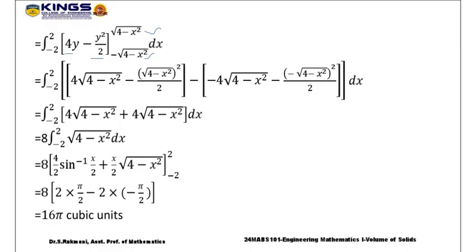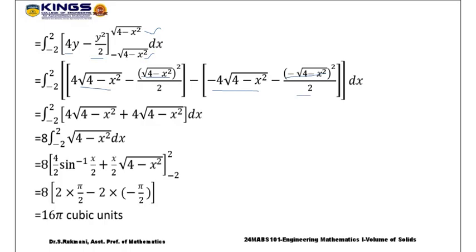So 4 into the upper limit, root of 4 minus x squared, minus y squared by 2, that is minus root of 4 minus x squared the whole square divided by 2, minus similarly the lower limit. So 4 into minus root of 4 minus x squared, so minus 4 into root of 4 minus x squared. Next minus y square. So y is what? Minus root of 4 minus x squared the whole square divided by 2.